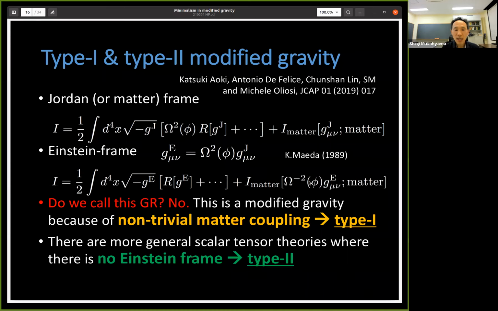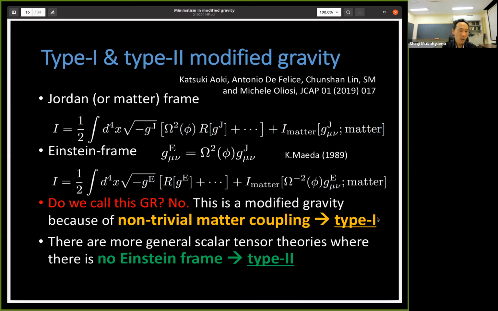So when matter is excited, both the metric and the scalar field are excited, and they propagate according to this action. Then we measure this combination by matter at different points. In this way, gravity is modified. Gravity is modified because of non-trivial matter coupling. Let's call this type of modified gravity type 1.